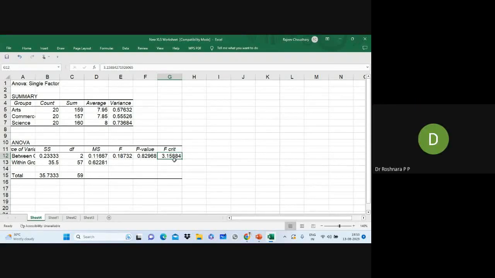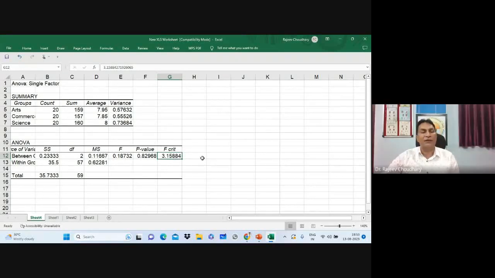Yes, sir. Okay. Now we will do the same by using SPSS also. Please remember these scores. Average of arts is 7.95, commerce 7.85 and 8, and the F value is 0.187 and the P value is 0.82968.